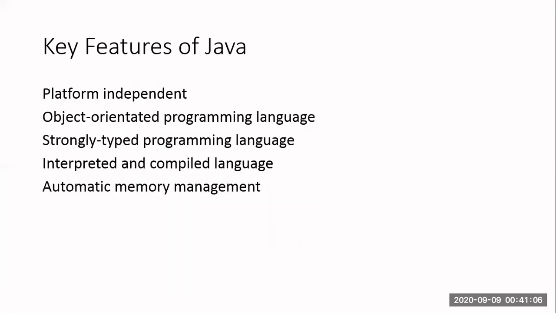This is a quick history about Java. Some of the main features of Java we will discuss. It is platform independent. Platform independent is one of the specialities of Java. What I call platform independence is where the role of the operating system comes in. Last semester, I think you have studied about operating systems. In operating systems, we have studied about the Windows operating system, Linux operating system, Unix operating system, and other things.